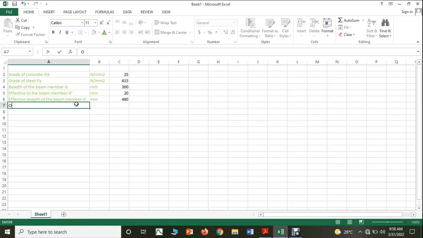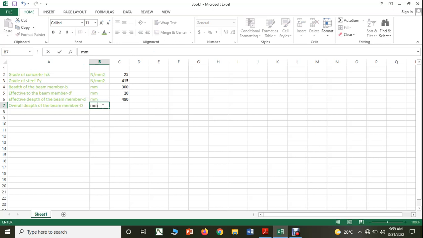Then you have the overall depth of the beam member, that is given as capital D, which will also be in mm.